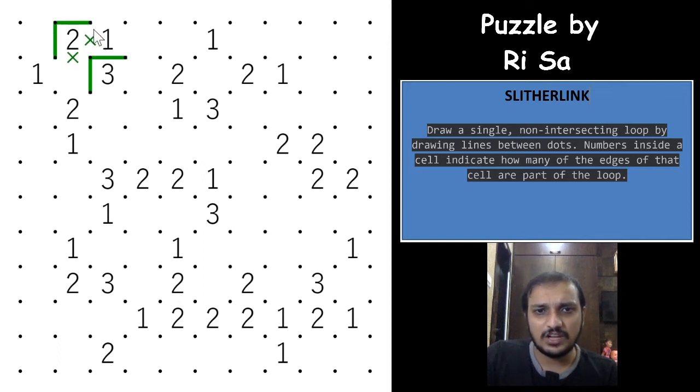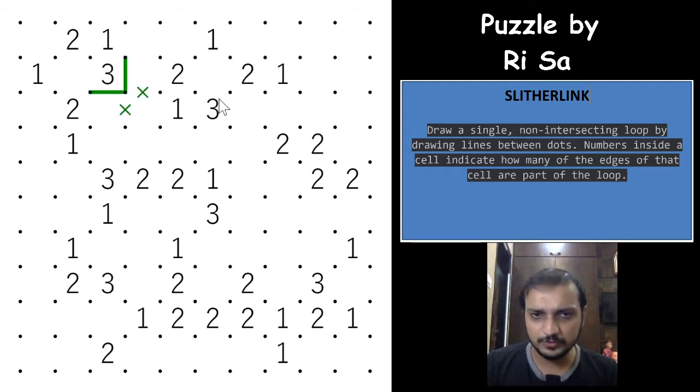What happens here is that this loop segment will have to go this way, and then the 1 has 2 loop segments near it, right? So this 3 cannot have both of these. One of these 2 will always be a cross for the 3 here. As you can see, this 3 cannot have both of these as loop segments. So one of these 2 will have to have a cross here, which means both of these will have to be loop segments, right?